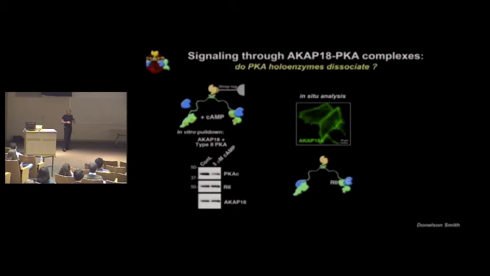We then did analogous experiments inside cells. These are 293 cells expressing AKAP18, where we could isolate the complex with an antibody to the anchoring protein. And using a physiological concentration of isoproterenol, we could show under these conditions that we were able to recover the same amount of catalytic subunit irrespective of whether we activated the system with isoproterenol.